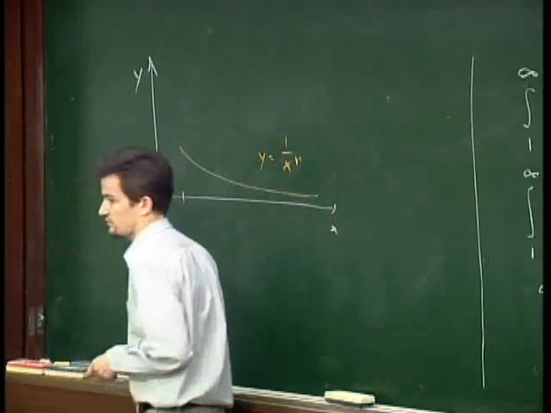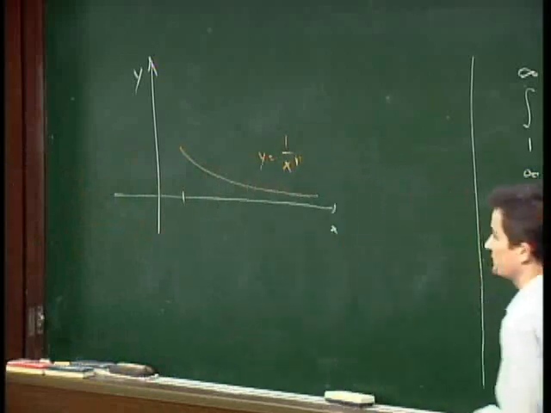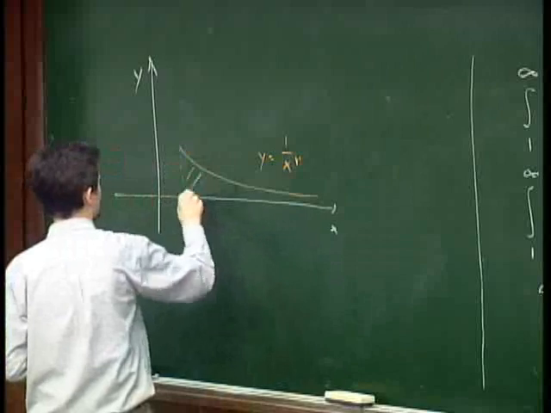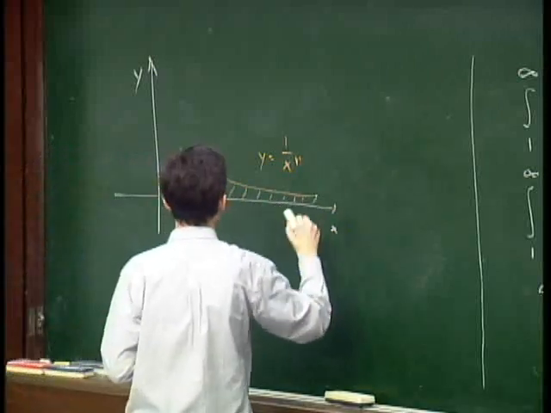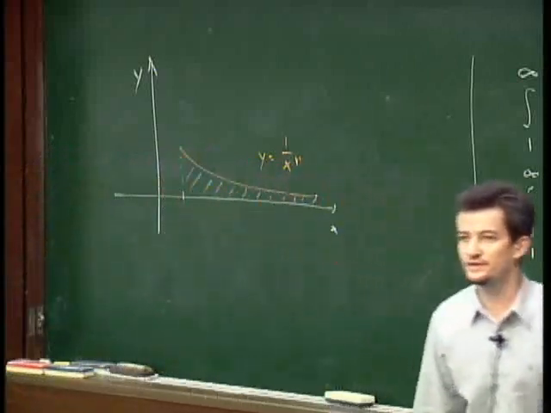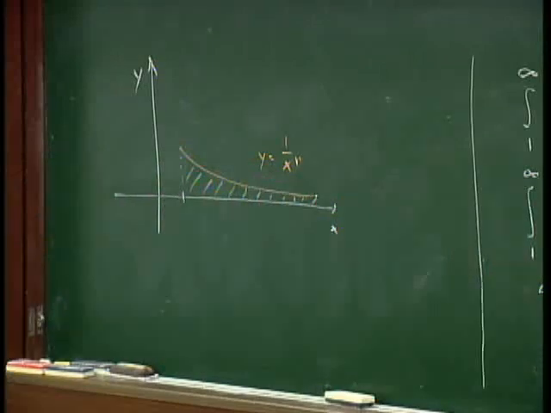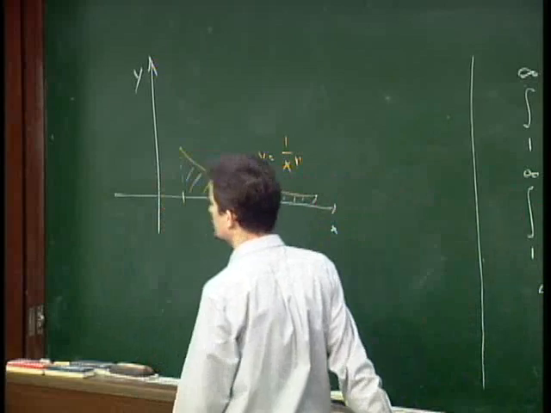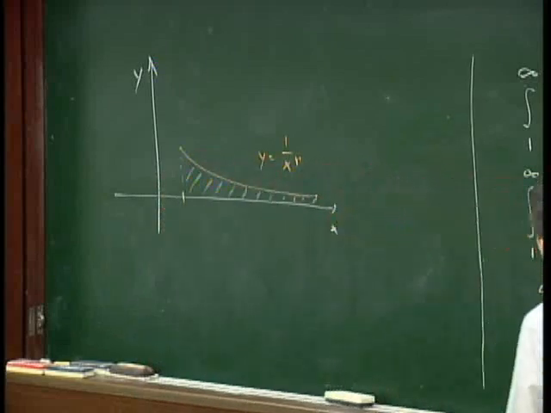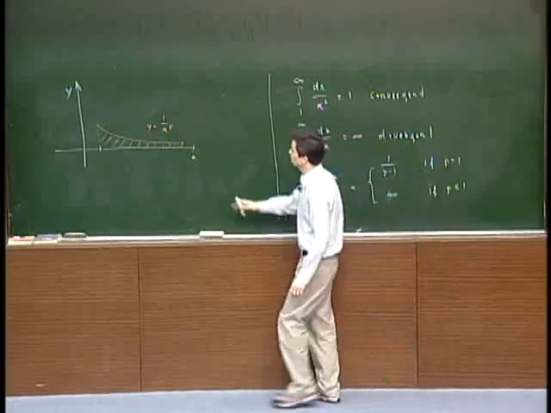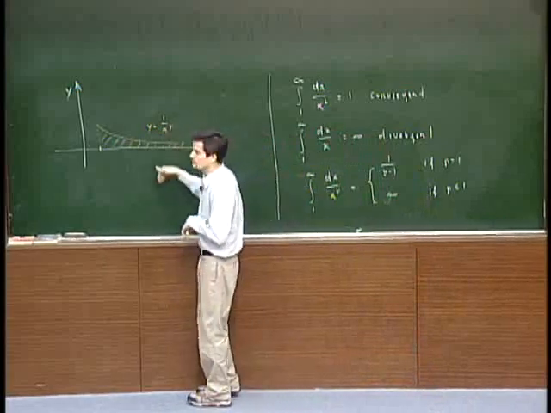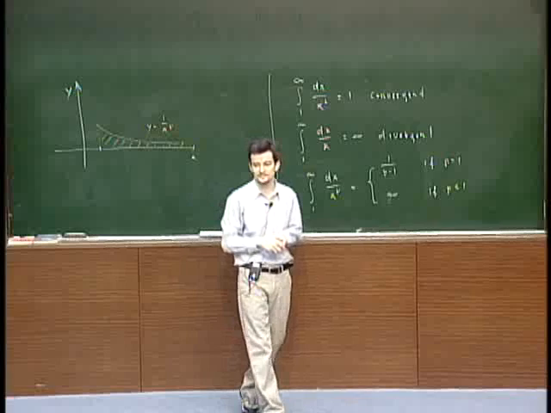The motivation behind defining this symbol is to define this area, the area below the function and above the x-axis, or to extend our area definition to include such areas where we consider infinity. Now, this tells you that if p is larger than 1, the area exists. Otherwise, the area does not exist.